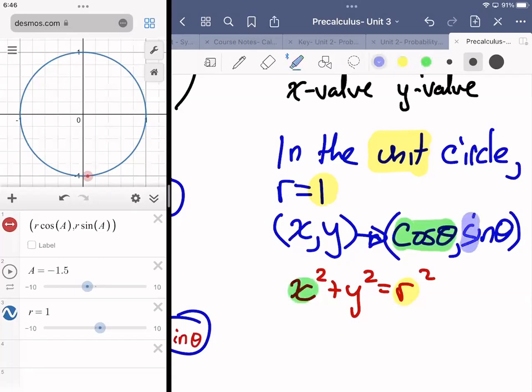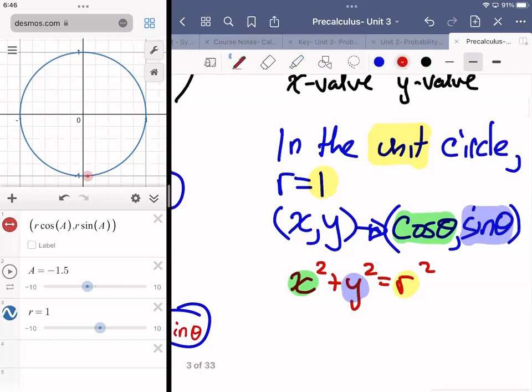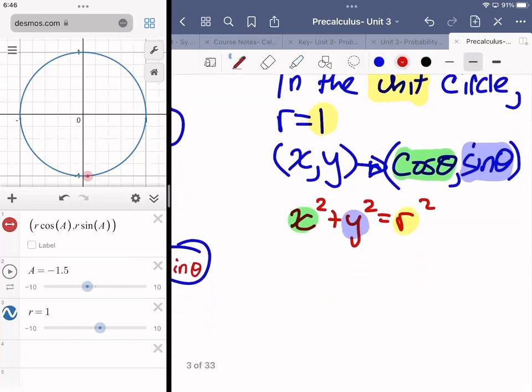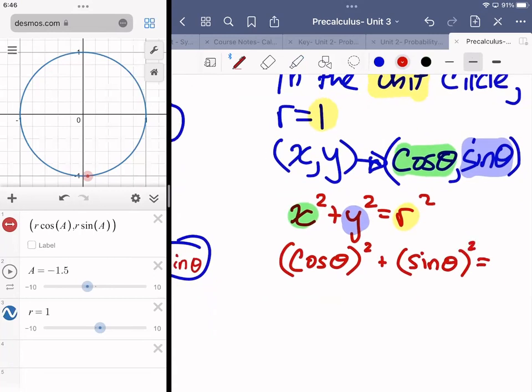The y value is equal to the sine of theta. So I would say, instead of x, cosine of theta. Instead of y, I would say sine of theta. And instead of r, I would say 1.